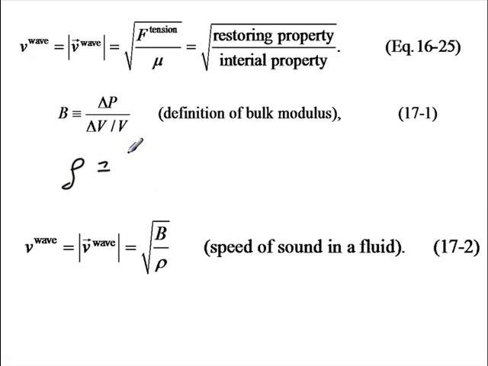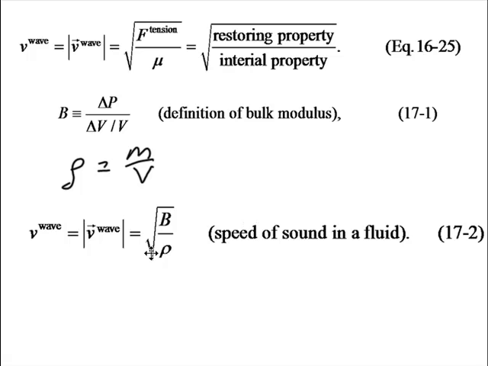Rho equal to the mass per unit volume. And so the speed of a sound wave is simply the square root of the bulk modulus divided by the density of the fluid or solid or whatever material you're in. I will derive this momentarily, but for now let's focus on the actual result and its implications.